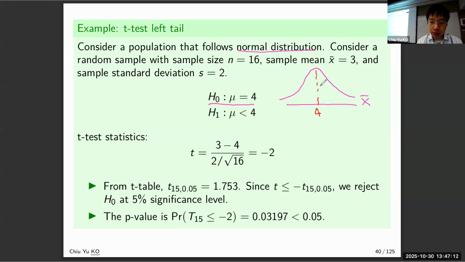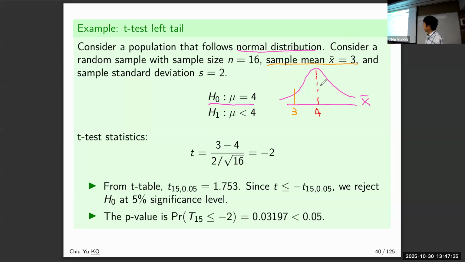And the answer we have is that we got data that is actually less than 4, right? So you'll be somewhere here. Okay. The question is, 3, of course, is in favor of H1, right?